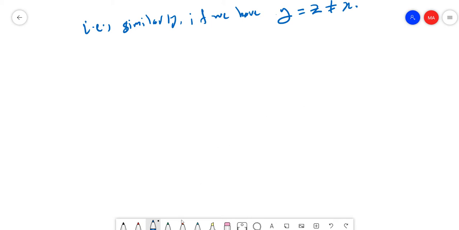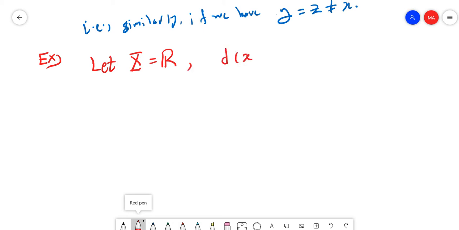Assume X equal R, the real numbers, and define the distance between x and y as the absolute value between these 2 points.